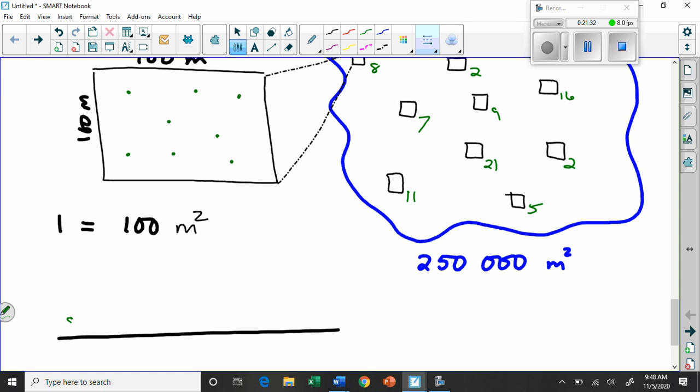We found 8, then we found 2, then we found 7, then we found 9, and we found 16, then we found 11, then we found 21, and 5, and 2. So we're adding up all of the numbers that we found, a total number of individuals. So I'll just add those numbers up quickly. I think it comes out to 81.